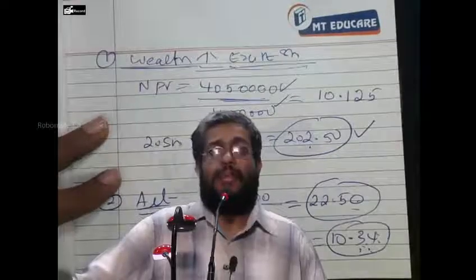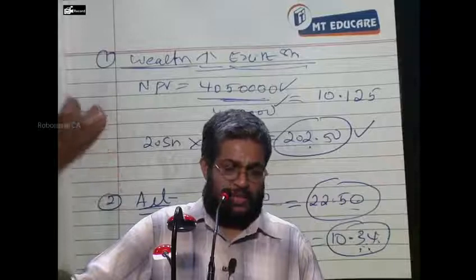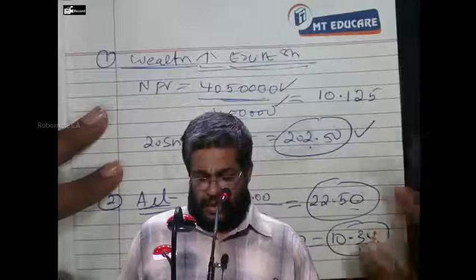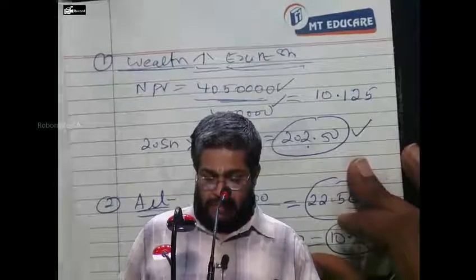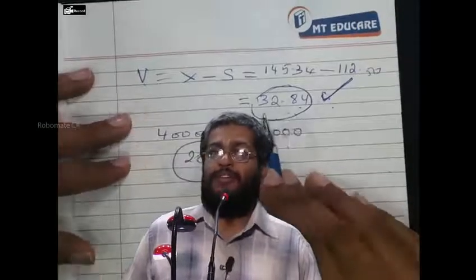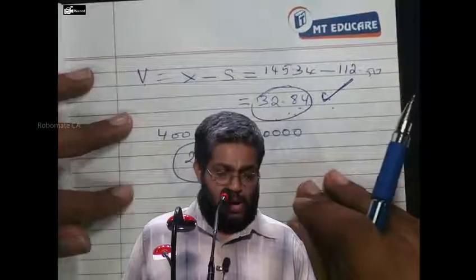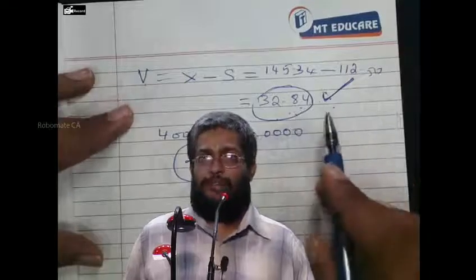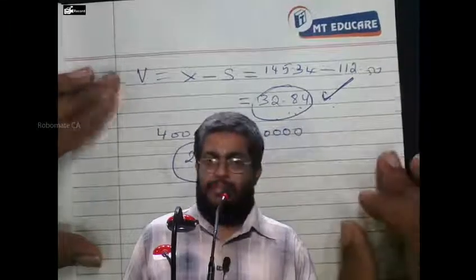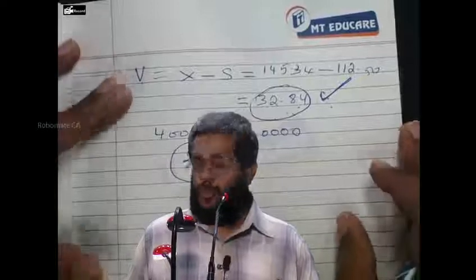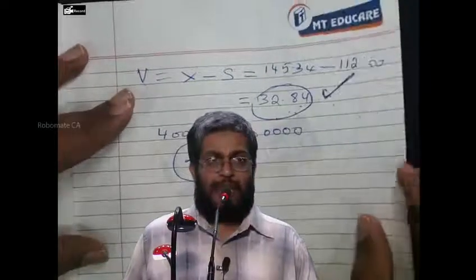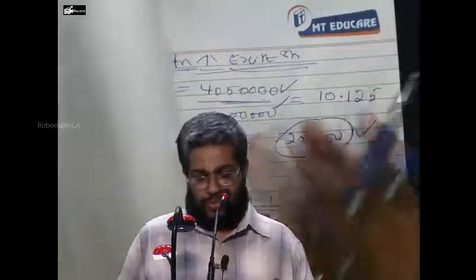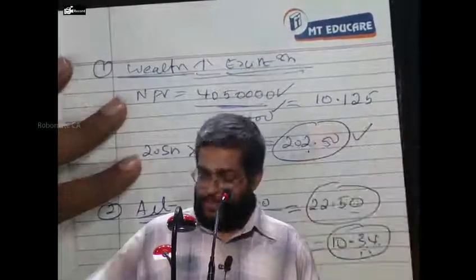Can I proceed? That means the rights price of 32.84 can be divided into 2. Branch it into 2.